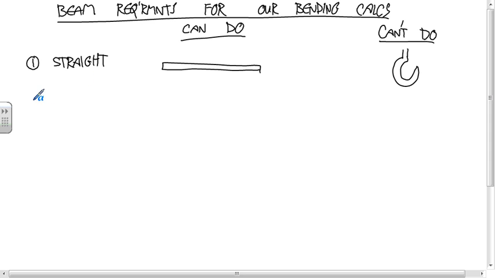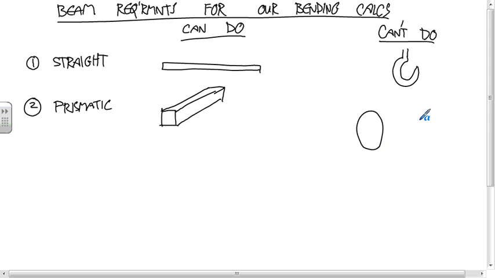Second, the beams have to be prismatic. So we can do that, but we can't do something where the cross-section changes as you go down the beam.